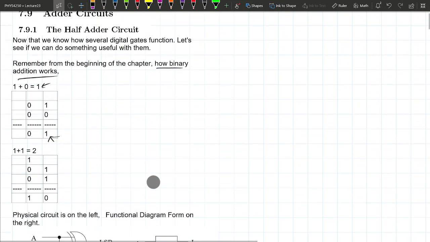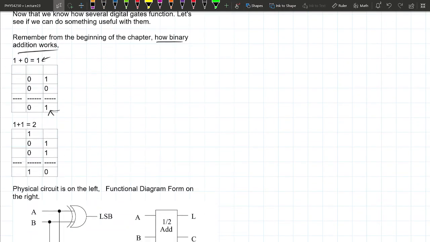But then if we add 1 plus 1, that has a 0 here, but then has a carry of 1, and that carry of 1 carries down, plus 1 plus 0 is 1. So there's two things you're doing here.